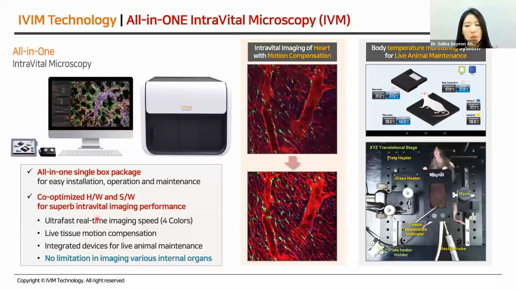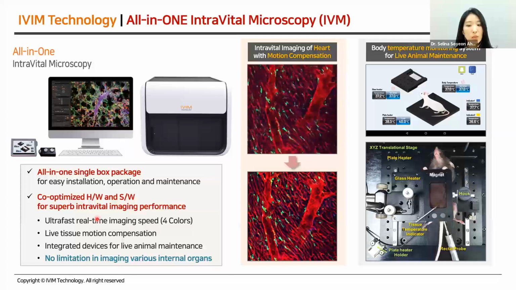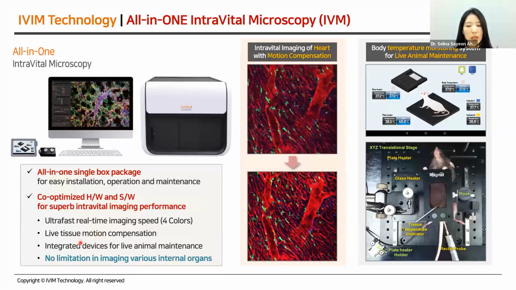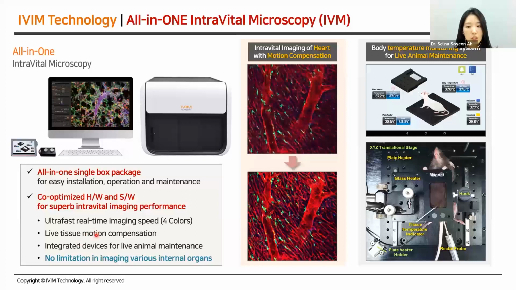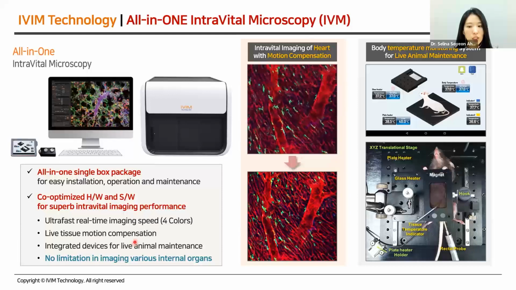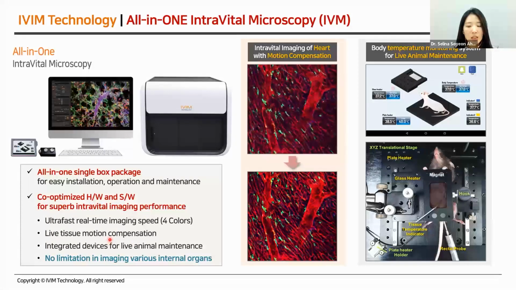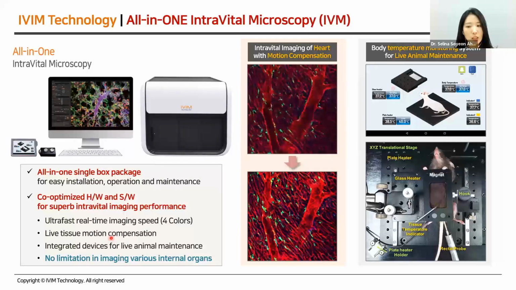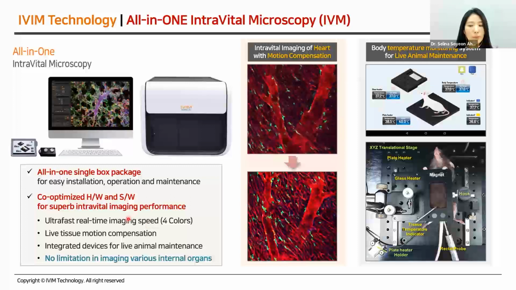Thereby, we can even capture fast dynamics, such as red blood cells flowing inside of the blood vessels. And also together with the automatic hassle-free motion compensation function and various accessories such as live animal maintenance system and various imaging window systems for wide-range in vivo applications, users can easily get high quality in vivo data without any limitation in imaging various live organs.